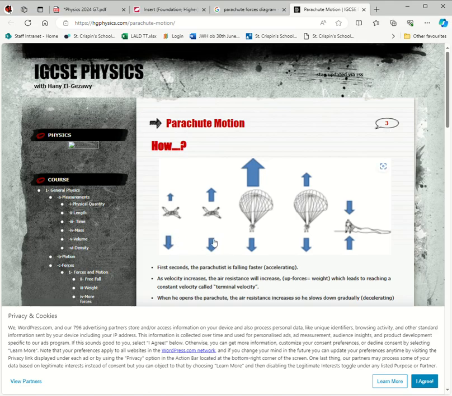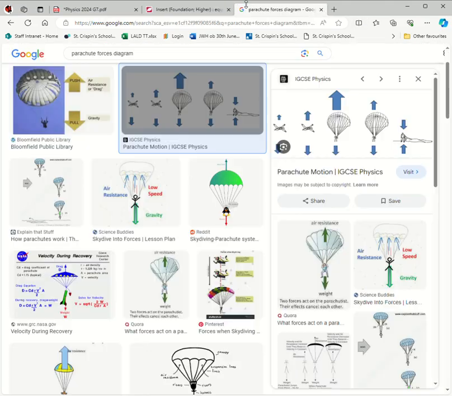Eventually, as the weight continues to pull them down, their air resistance gets larger. You get to a point where the forces are balanced, that's a constant speed then. And this is the knowledge that we're going to be applying to the context here of the apple.